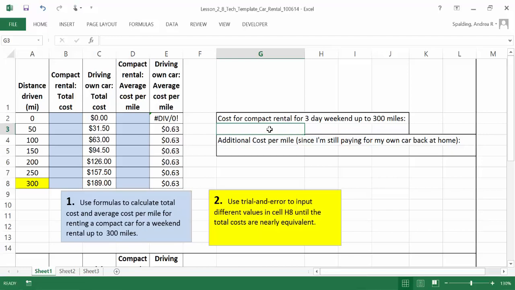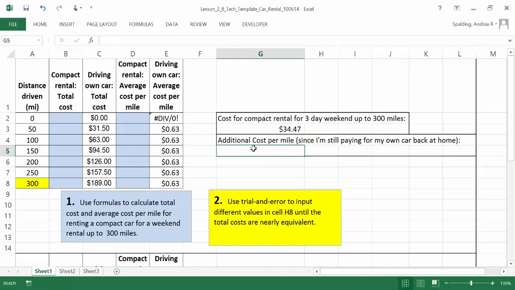300 miles. So on page 3 of our handout for the rental car versus the owned car analysis, it says that the total cost of a compact car rental is $34.47. And that's a fixed cost.